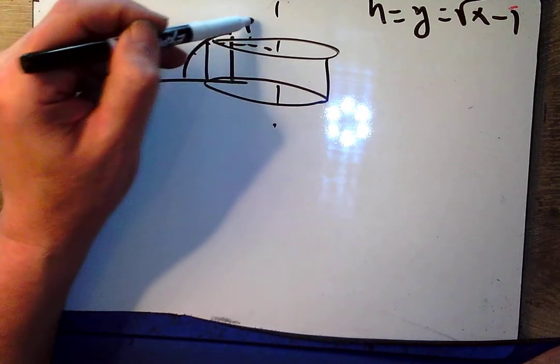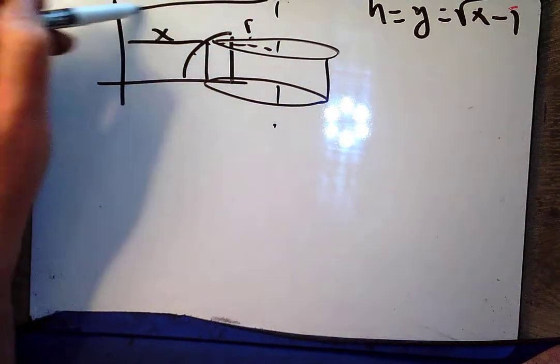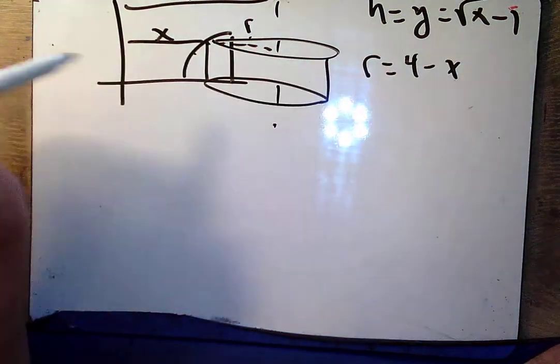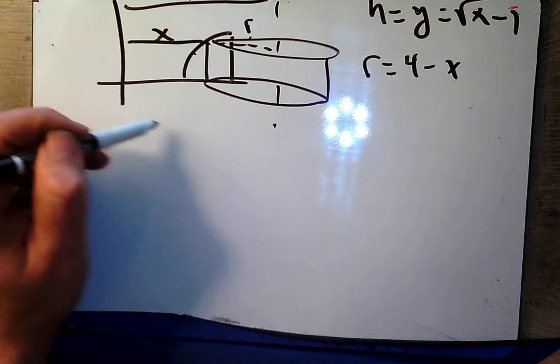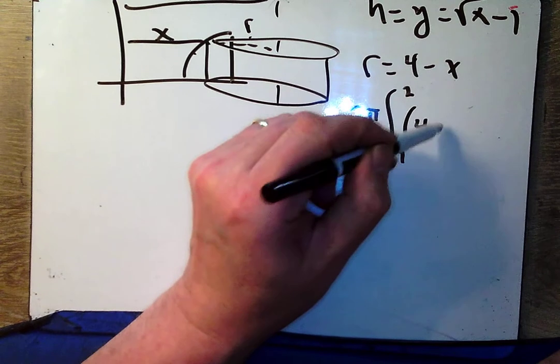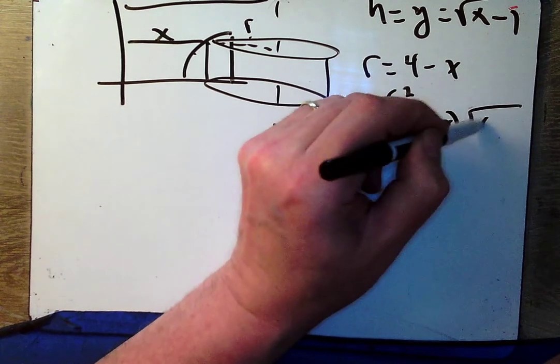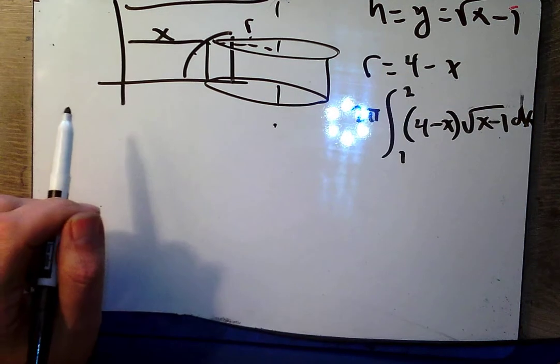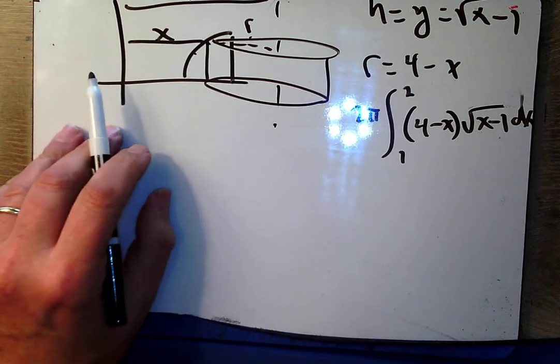And radius. Well, this is x. This is 4. R equals 4 minus x. So 2 pi, 1 to 2, 4 minus x, square root x minus 1, dx. Okay, I think we're all set there.